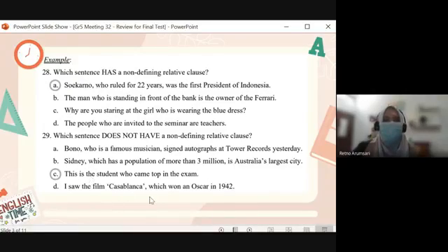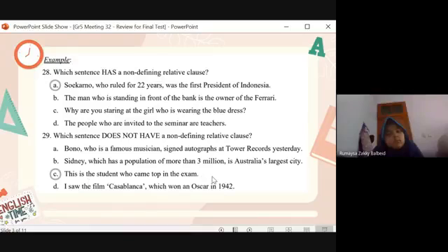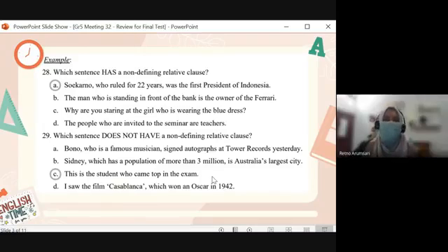I saw the film Casablanca, comma. The only one that doesn't have a comma is this one. That's why this sentence does not have a non-defining relative clause, right? Easy as 5D. Okay, next.